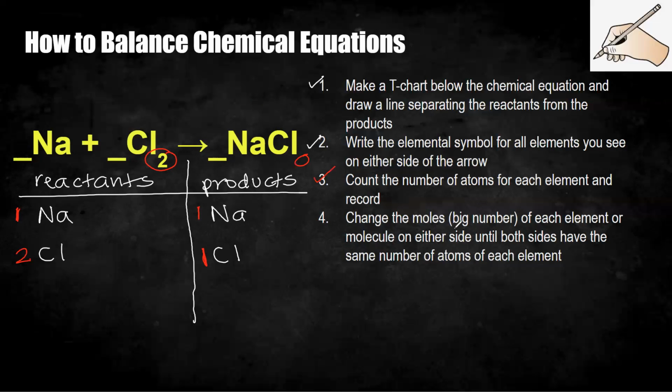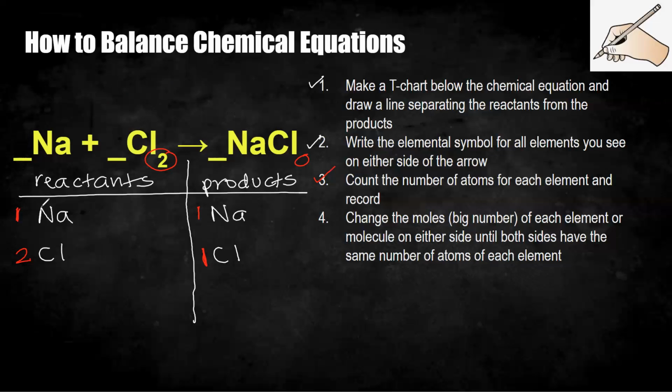And finally, step number 4 is to change the moles, the big number, also called the coefficient, of each element or molecule on either side until both sides have the same number of atoms of each element. Now, this step is going to entail a lot of just moving back and forth between the 2 sides. So we're going to watch that play out right now.